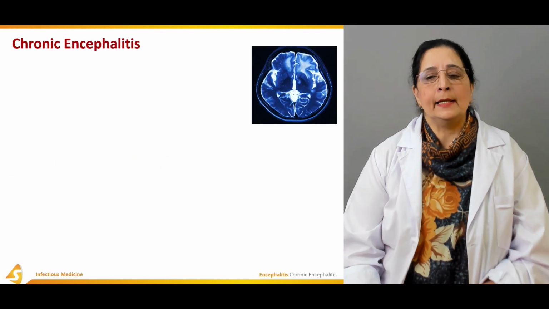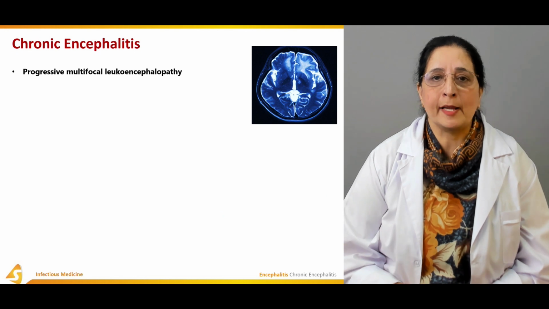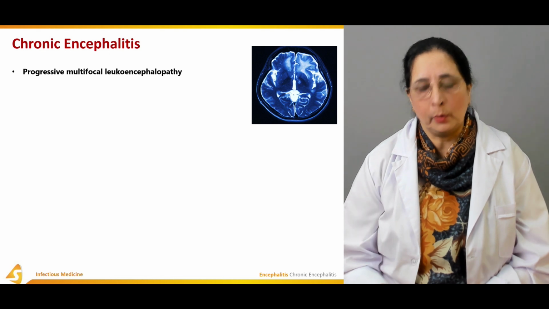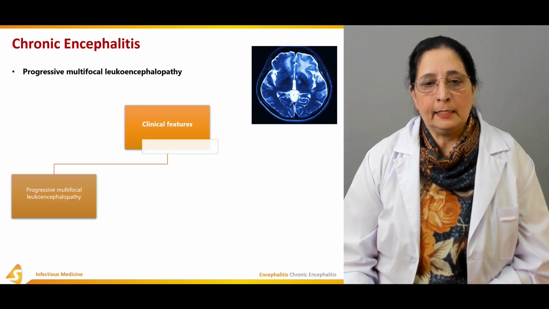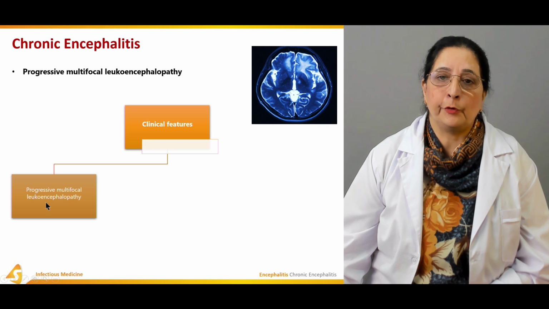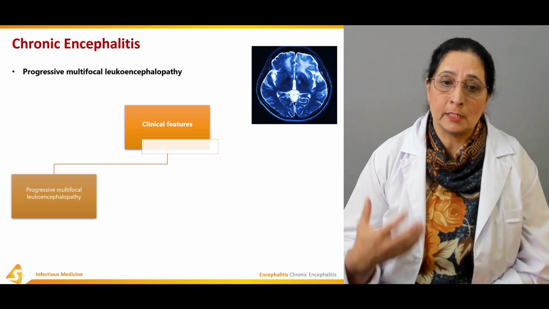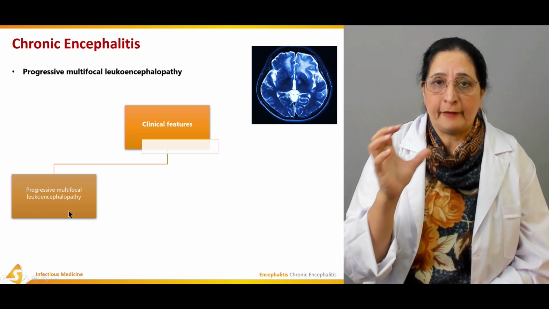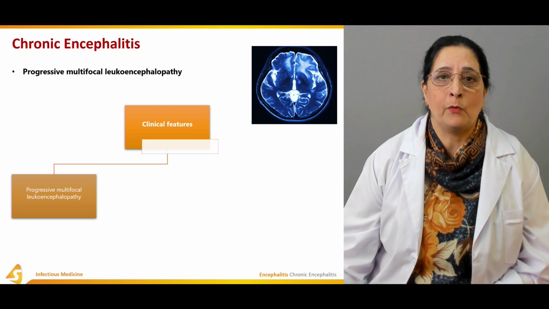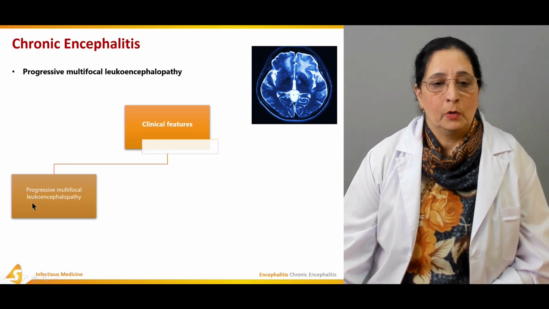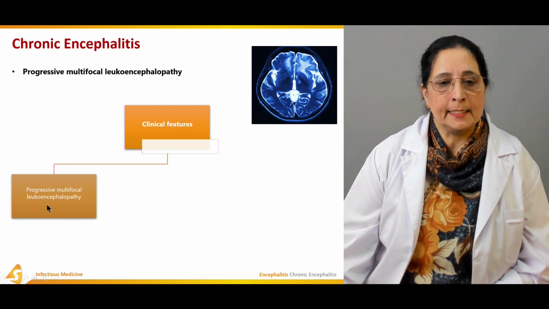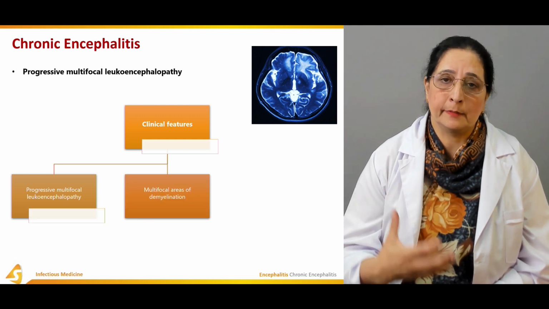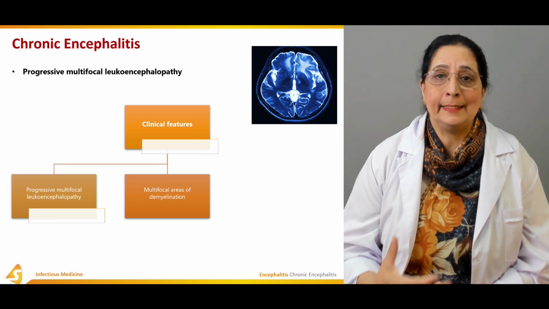So chronic encephalitis, which is progressive multifocal leukoencephalopathy. Clinical features: it progresses because it's chronic; multifocal, different foci of infection, not just one; and leuko is for the white matter; encephalopathy, a condition of the brain, encephal is brain, pathy is disease.